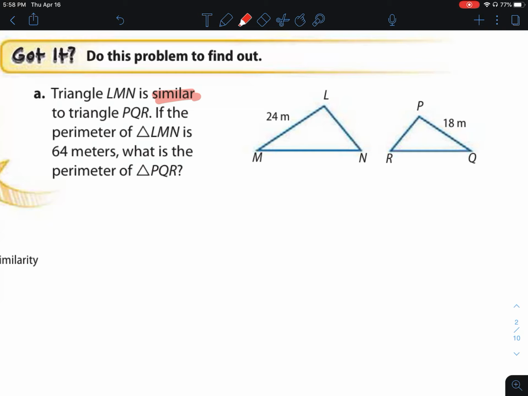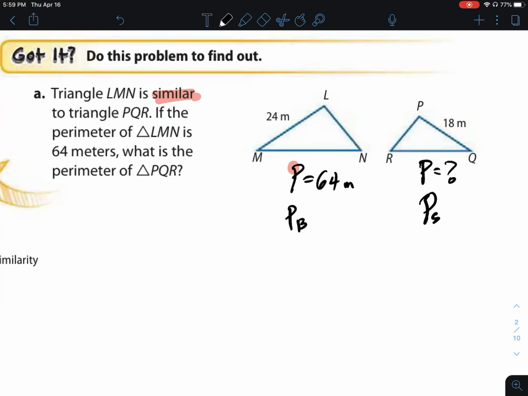If the perimeter of triangle LMN is 64 meters, so the perimeter of this one is 64 meters, what is the perimeter of triangle PQR? We don't know the perimeter of this particular triangle. Now, we already know that this is our big triangle, our big figure, and this is our small figure.